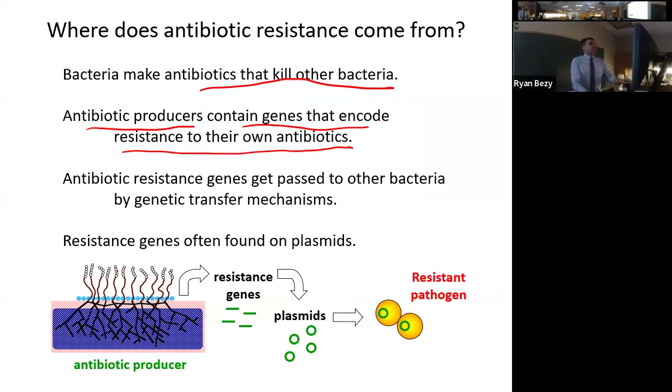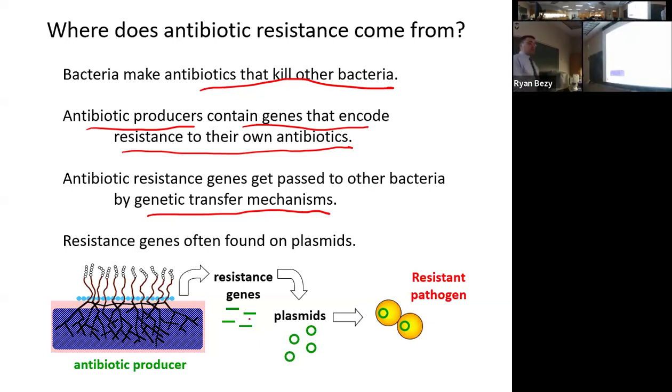But bacteria also like to do horizontal gene transfer. And especially because resistance genes a lot of times are found on plasmids, sometimes what you have is an antibiotic producer, say the antibiotic producer dies, and you have some of those resistance genes floating around in the environment, but then they get taken up by a pathogen by horizontal gene transfer.